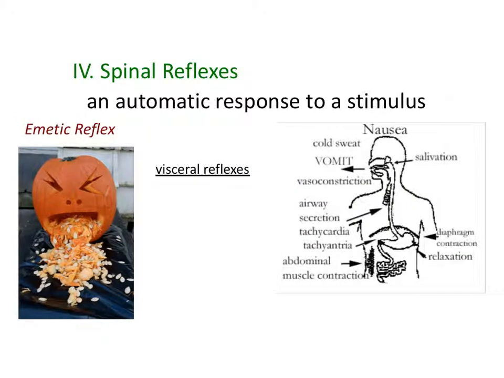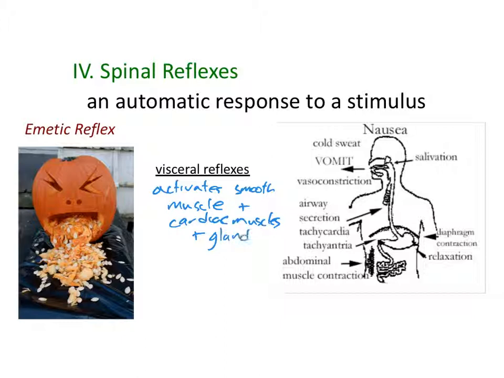Visceral reflexes, instead of activating skeletal muscle, activate smooth muscles, or the other class of muscle that is also involuntary, which is cardiac muscle, or even create the stimulation that leads to gland secretion.